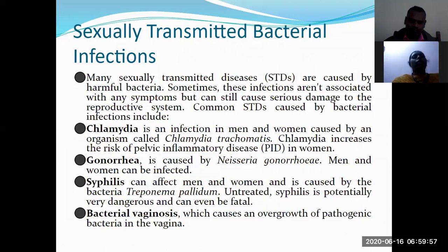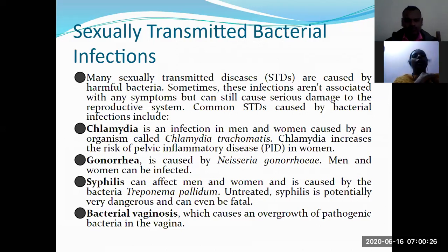Common sexually transmitted diseases caused by bacterial infections include chlamydia. Chlamydia is a bacterial infection in men and women, caused by an organism called Chlamydia trachomatis. Chlamydia increases the risk of pelvic inflammatory disease in women.